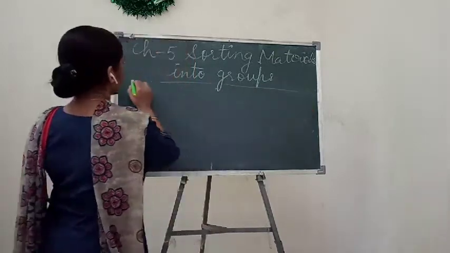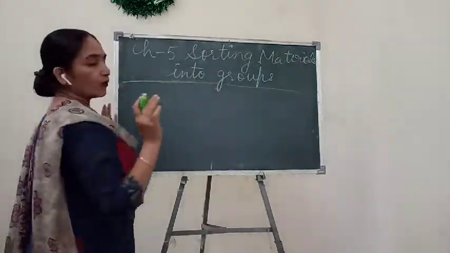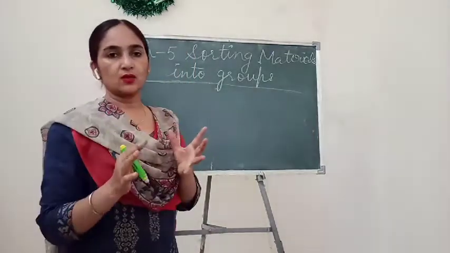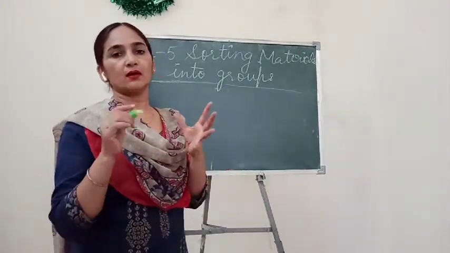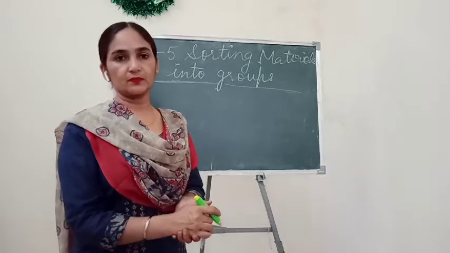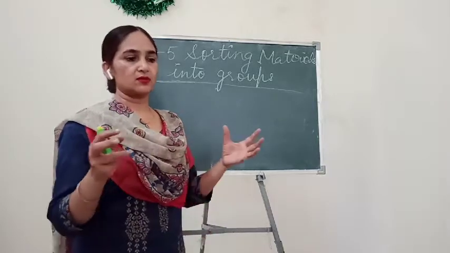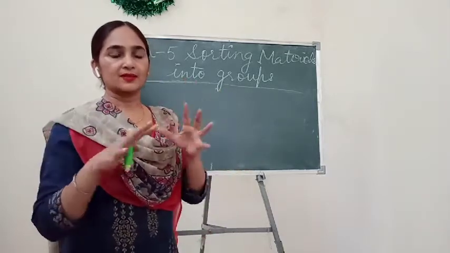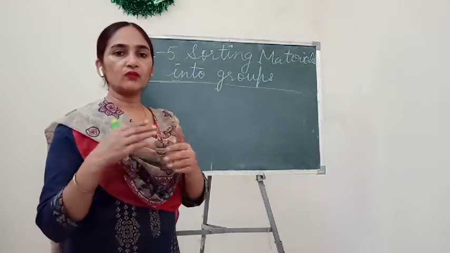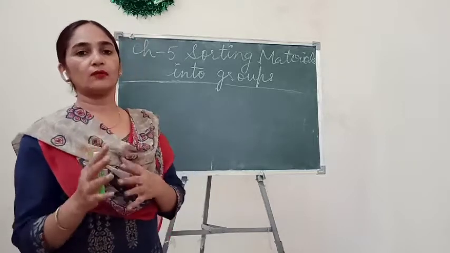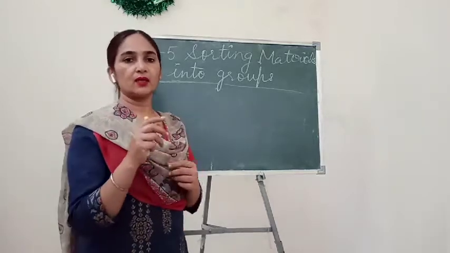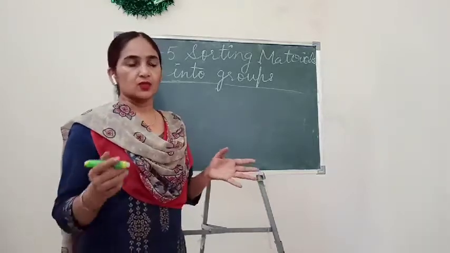So after this, our next topic is what are the different properties on the basis of which we can classify the different materials. Means when so many things are placed in a room, then on the basis of which property of any material can you classify them?